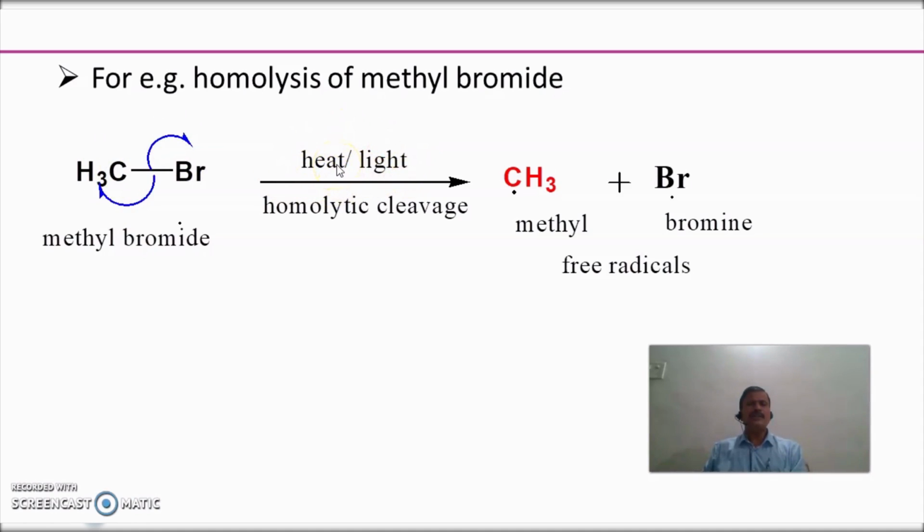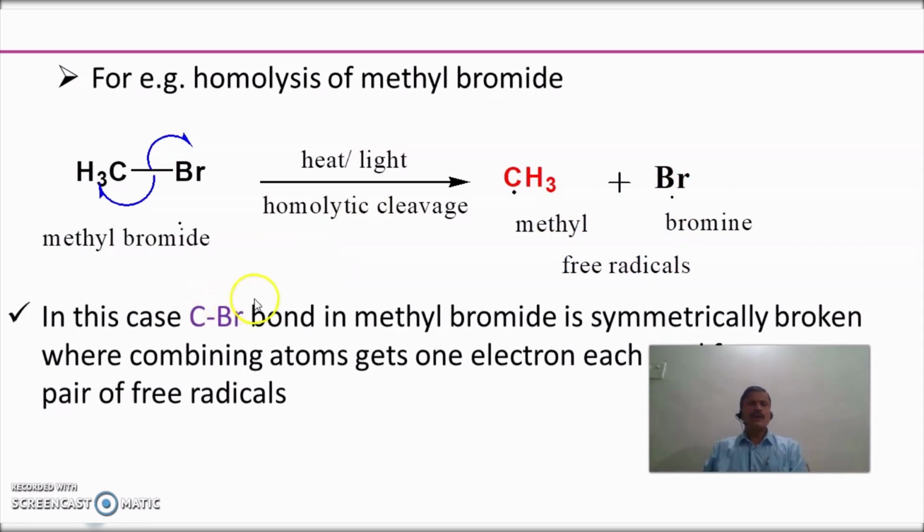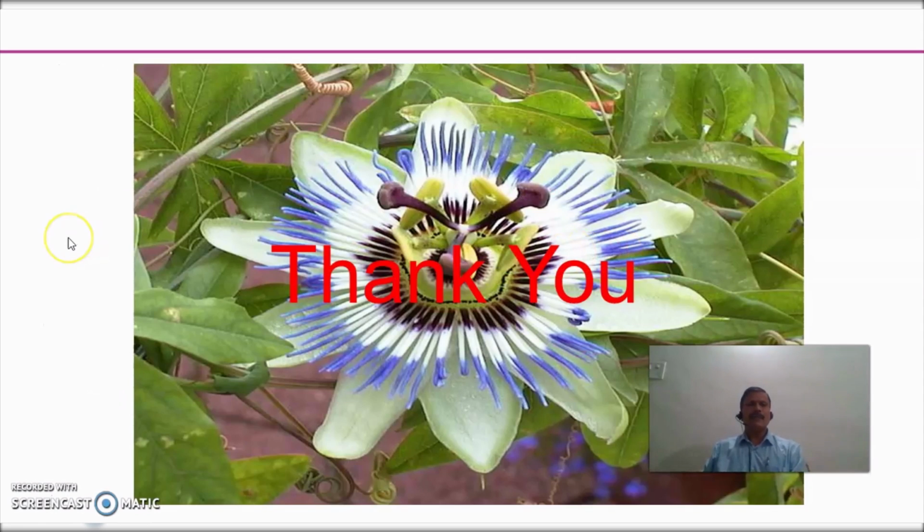It occurs in presence of heat or light and follows homolysis or homolytic cleavage, producing methyl free radical and bromine free radical. So the carbon bromine bond is symmetrically broken and every combining atom gets one electron each, forming a pair of radicals.